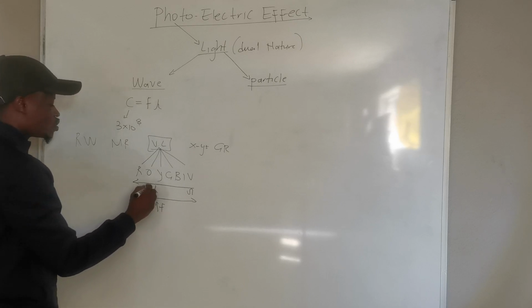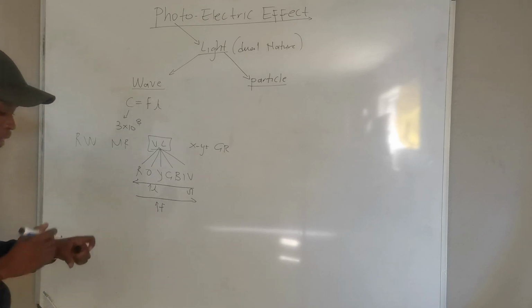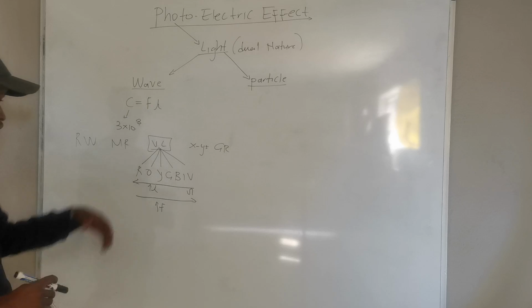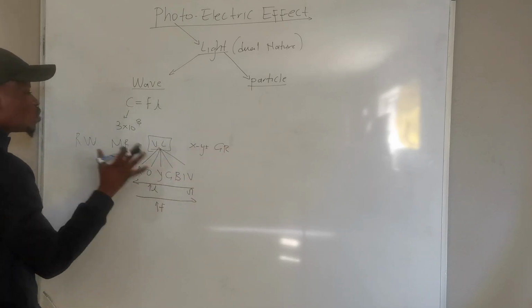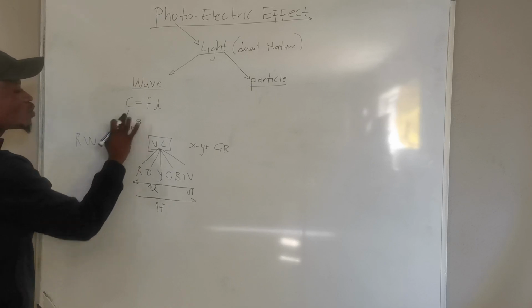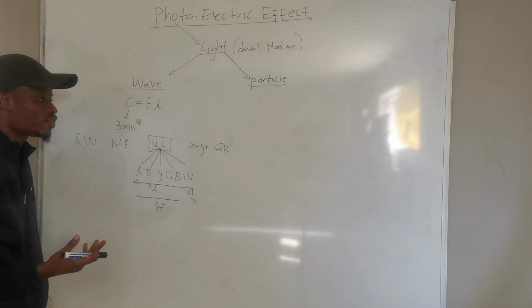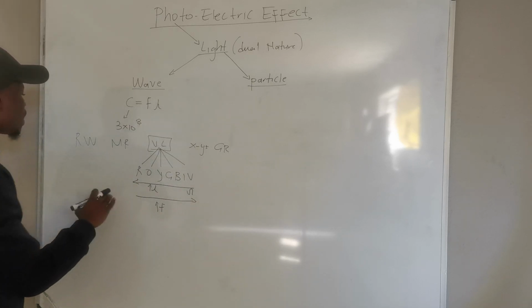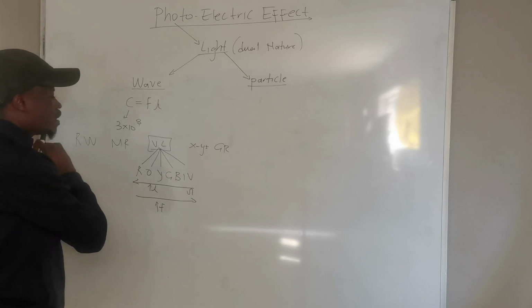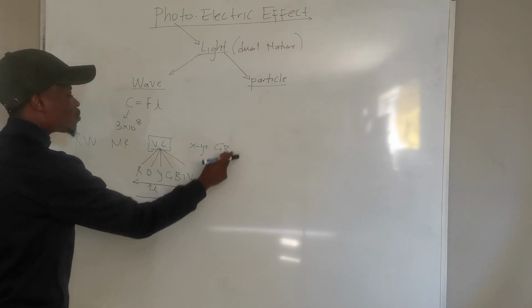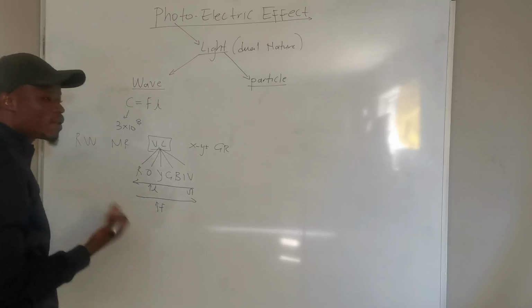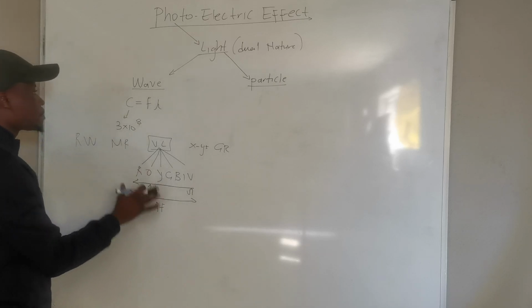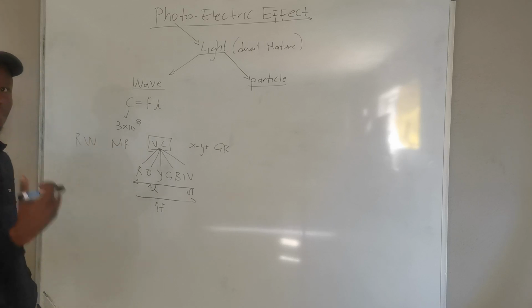So this is what you can see in terms of the visible light and all other waves. These different waves have different frequencies and different wavelengths. The wavelength increases from the gamma rays going backwards to the radio waves and the microwaves. That is what the spectrum tells us.